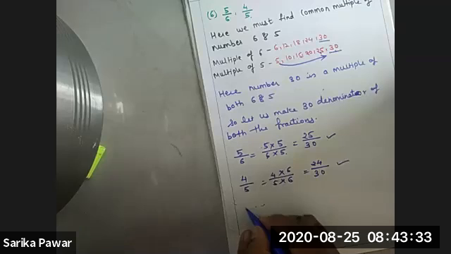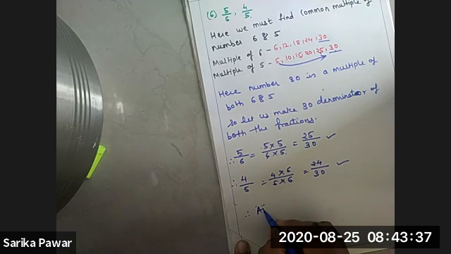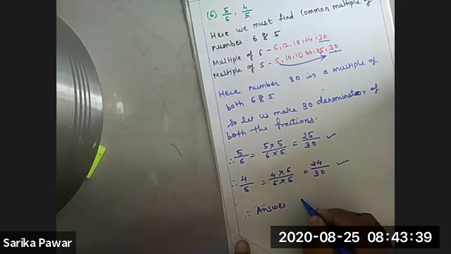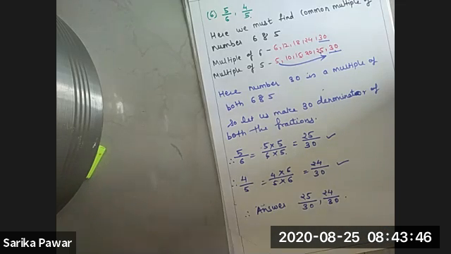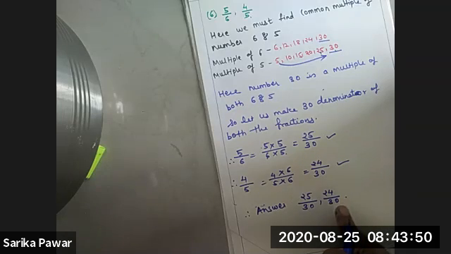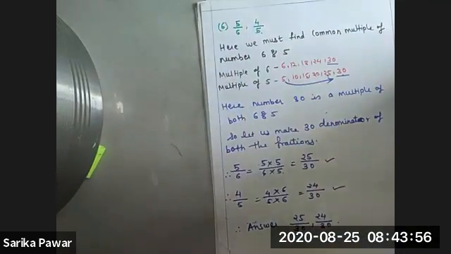So the answer is 25 upon 30 and 24 upon 30, the like fractions of the given fractions, that is 5 upon 6 and 4 upon 5.